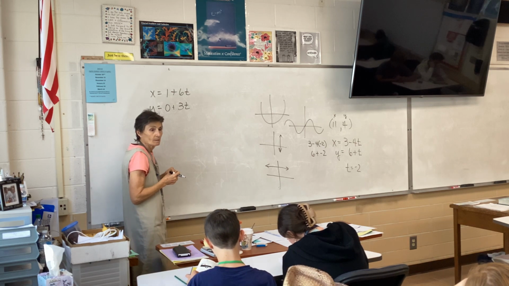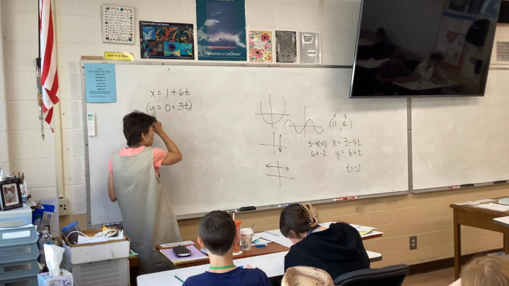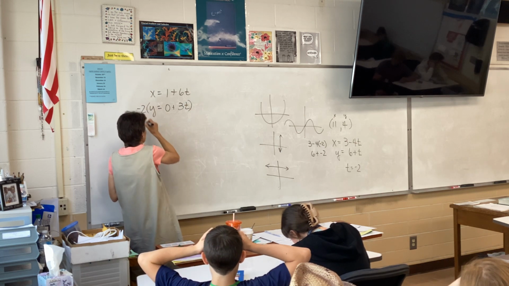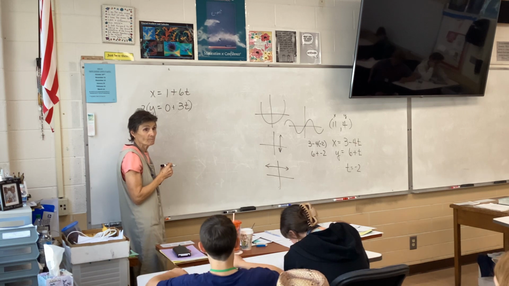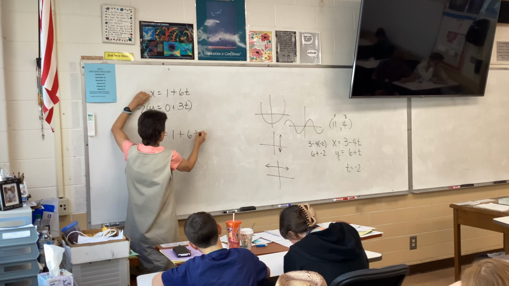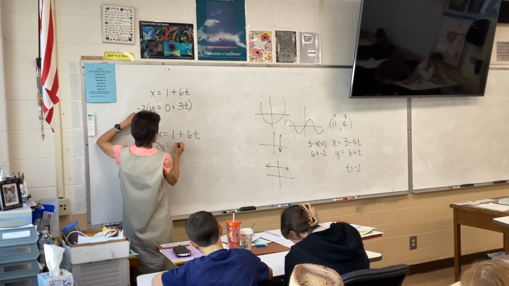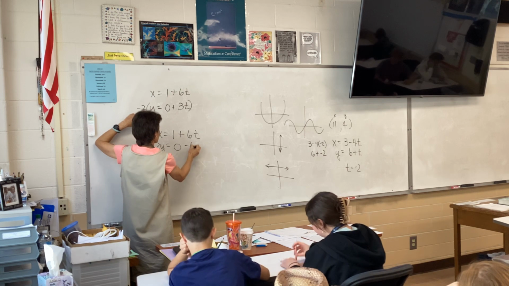Multiply the bottom one, y, by negative 2, because don't I need them to cancel? So x equals 1 plus 6t, and negative 2y equals 0 minus 6t.